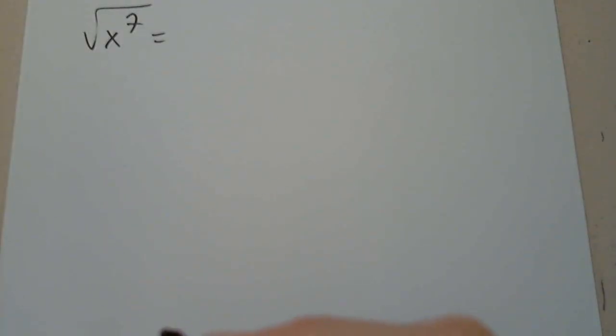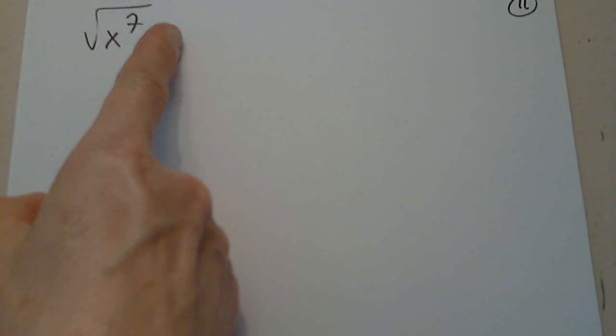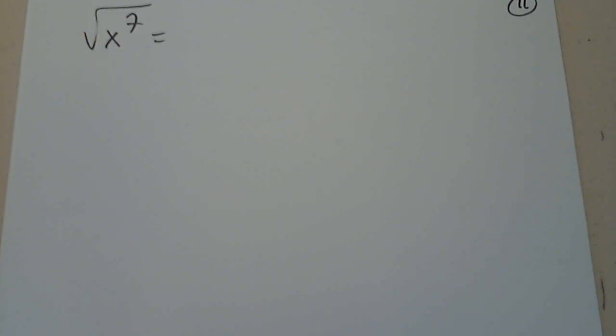Let's see how we simplify the square root of x to the 7th. And this is page 11. Because 7 divided by what? What is in here? I don't see it. 7 divided by 2 exactly is not an integer.